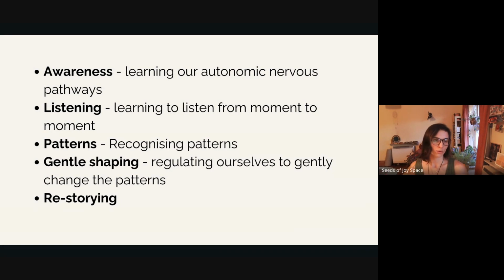So yeah, I just want to speak about that a little bit because we looked at the personal profile map, and that is what helps us to develop awareness and learn about our autonomic nervous pathways. So this is really the starting point, and really, if you want to work with the nervous system and understand it better, you can start tracking it, from today onwards.